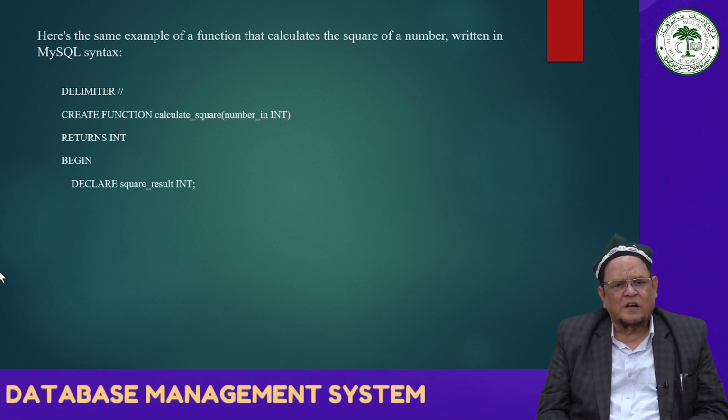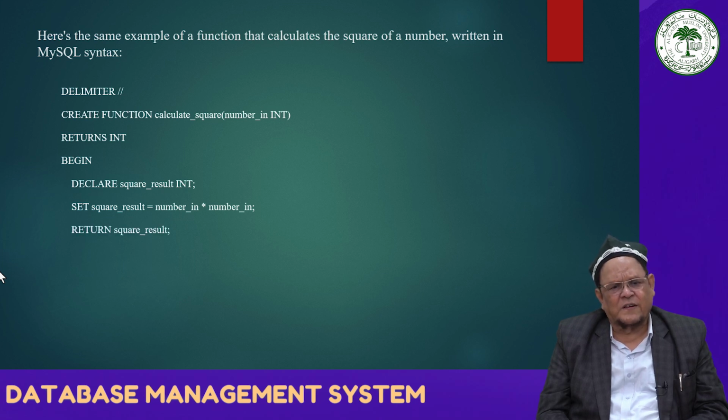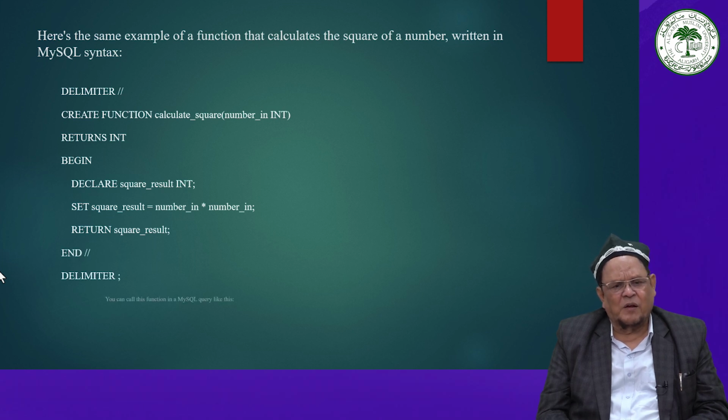BEGIN, DECLARE square_result integer, SET square_result equal to number multiplied by number. Then RETURN square_result, END, then DELIMITER.